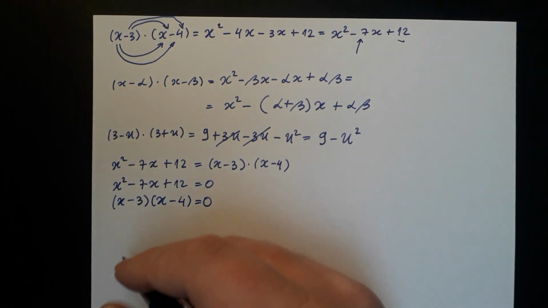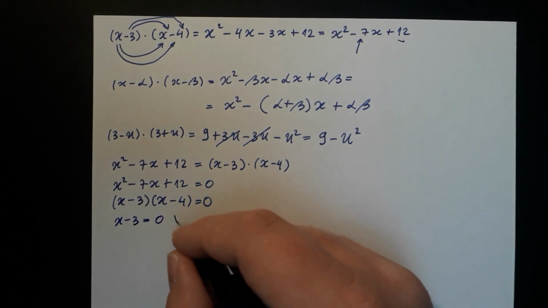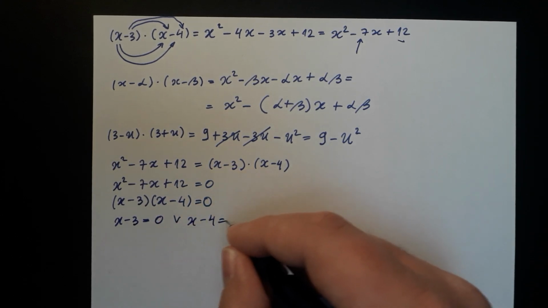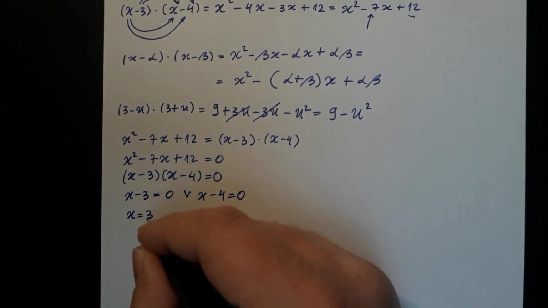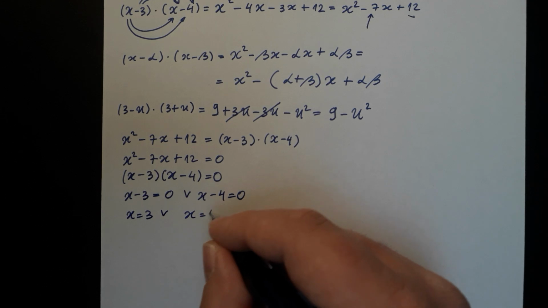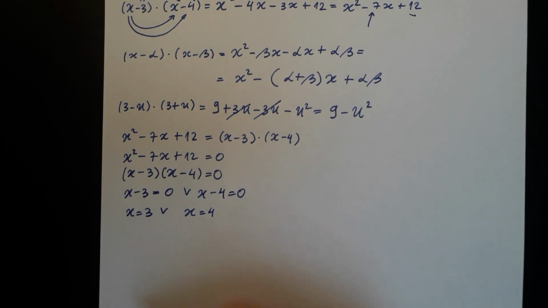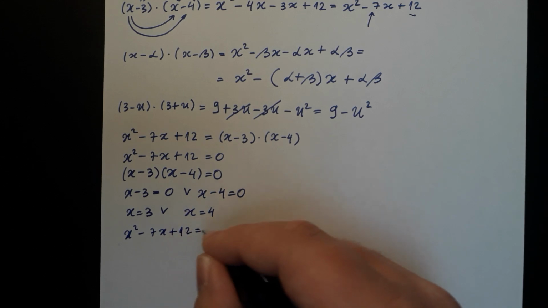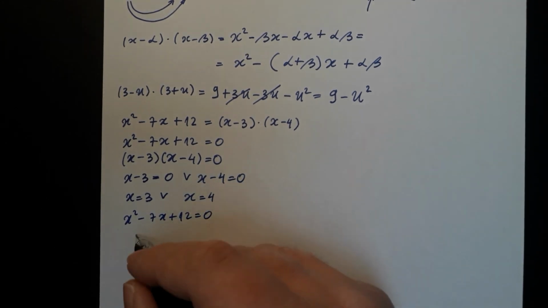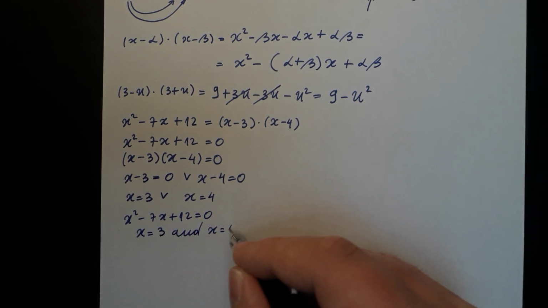And that means that x minus 3 is equal to 0 or x minus 4 is equal to 0, which leads us to x being equal to 3 or x being equal to 4. And this tells me that the two solutions of the quadratic equation x squared minus 7x plus 12 equal to 0 are x equal to 3 and x equal to 4.